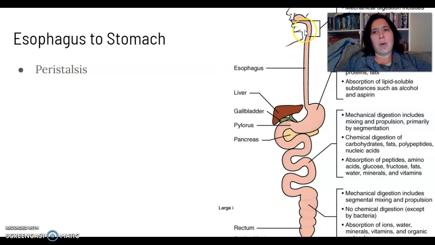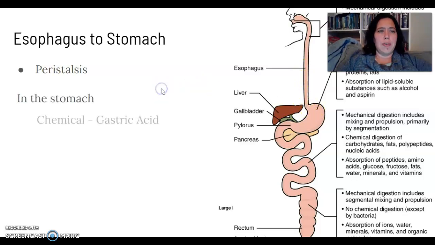Peristalsis are wave-like contractions of the muscles in your esophagus, and it helps propel that food down the esophagus into your stomach. So once we reach the stomach, we again have chemical and mechanical digestion occurring.